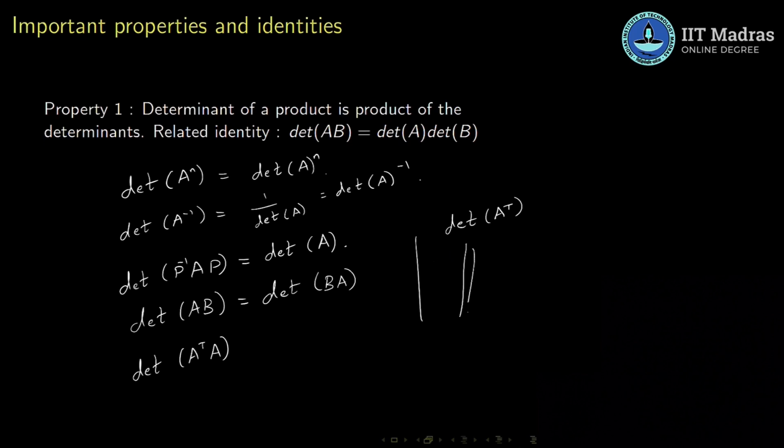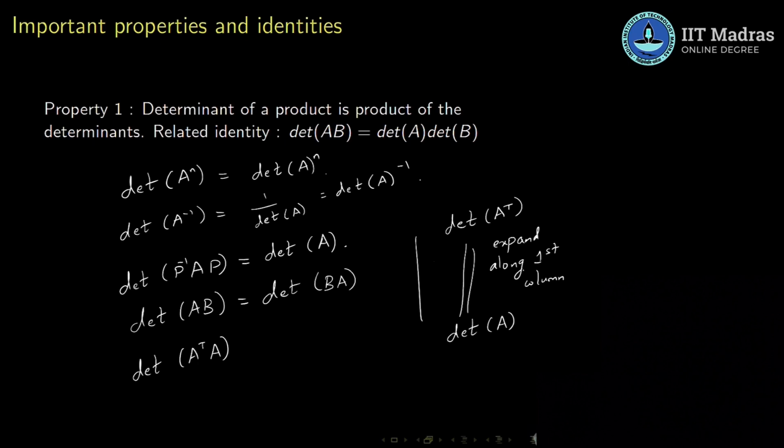So I strongly suggest you do this. If you do that, the expressions you are going to get will allow you to conclude that this is determinant of A. So I'll leave this to you.